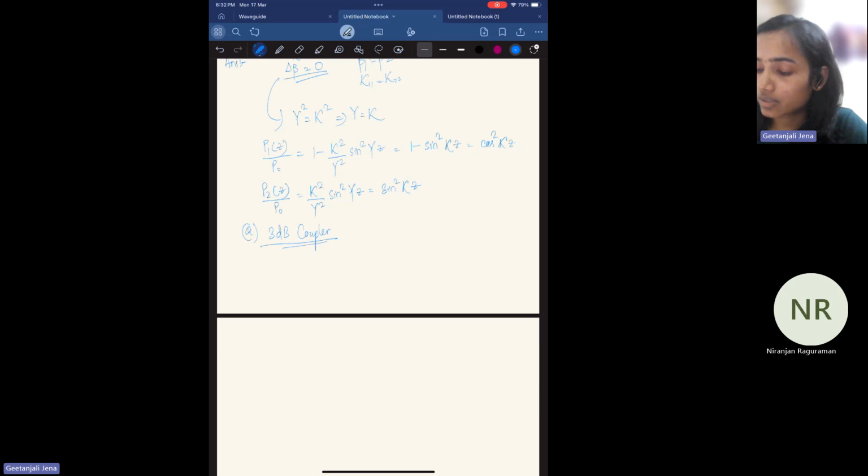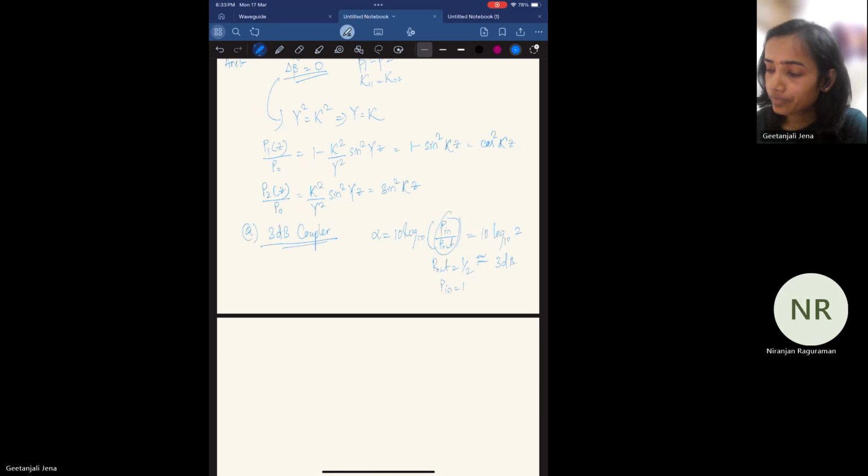You can get it using the formula alpha is 10 log 10 of P in over P out, which I think you are familiar with. If P out is half when P input is 1, this is 10 log 10 2, and if you calculate it, this will come around 3 dB. That is why we call it a 3 dB coupling.